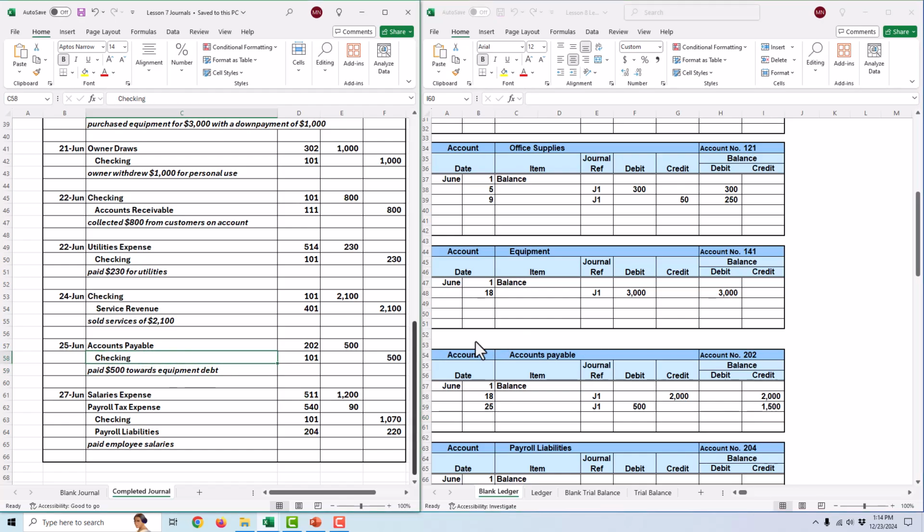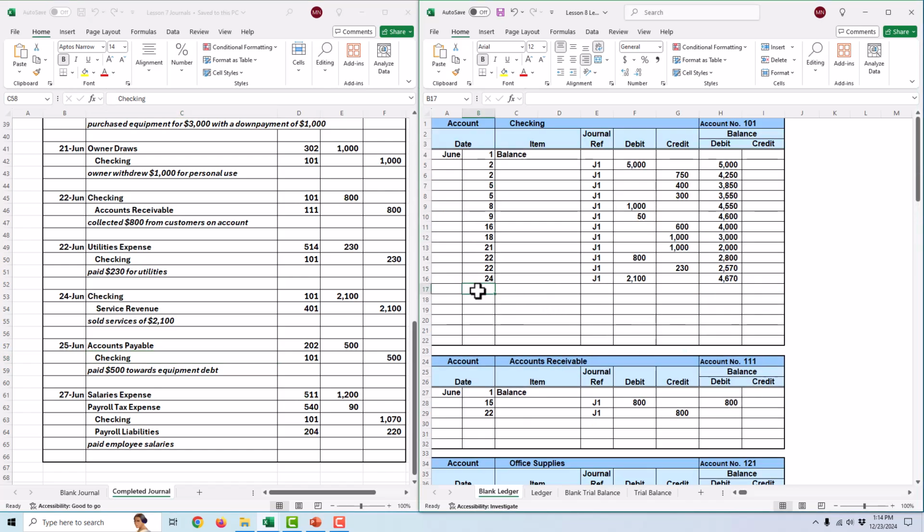And then it was also a credit to checking. $4,670 as a debit minus a 500 credit would be $4,170 as a debit. Since the debit of $4,670 was bigger than the credit of 500, the balance goes in the debit column.